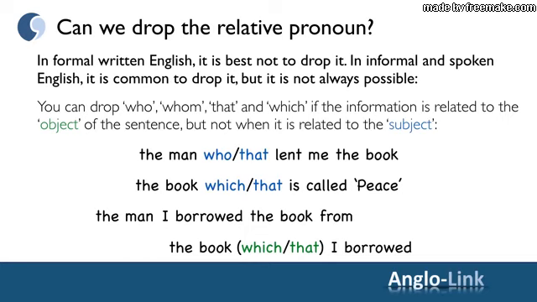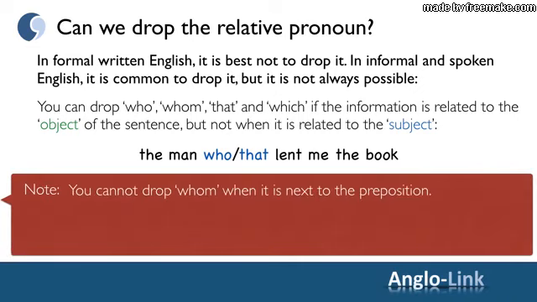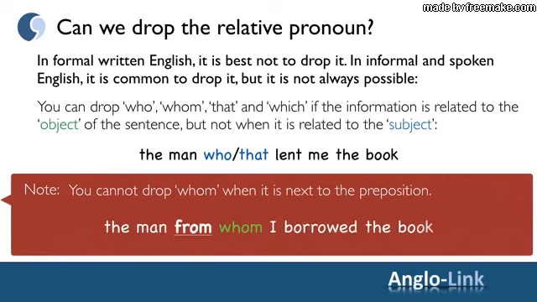Therefore, you can drop the relative pronoun. The book I borrowed. Just note that you cannot drop whom when it is next to the preposition. The man from whom I borrowed the book.